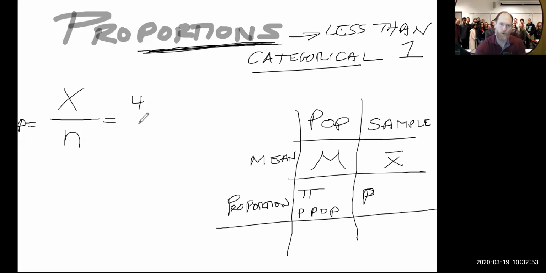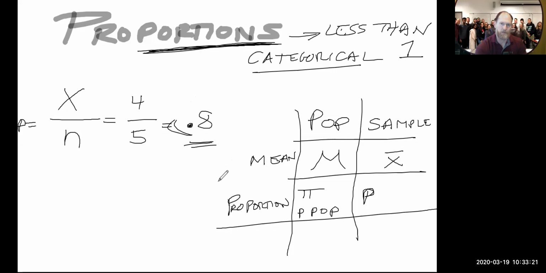If this is 4 and our sample size was 5, then we know that P is going to equal 0.8, for example. Okay, so that's a big tip, one of those Ice Cube things. Check yourself before you wreck yourself. If we're working with proportions and we have numbers that are less than one or more than one, it's probably not a proportion.